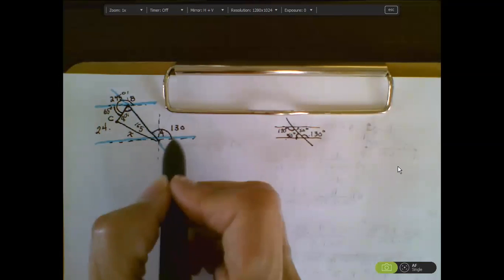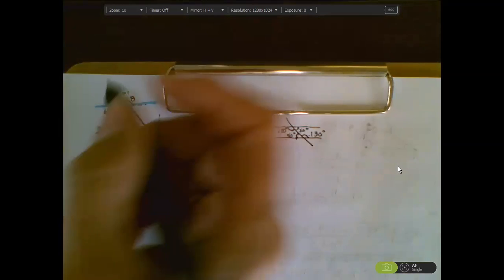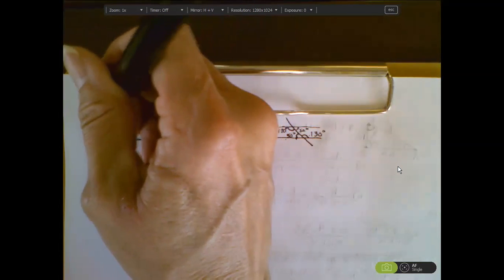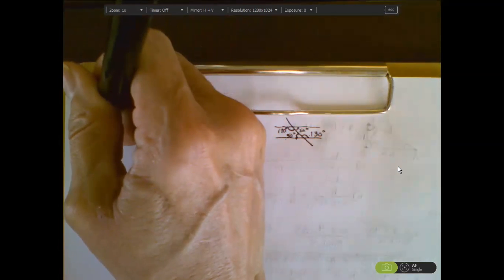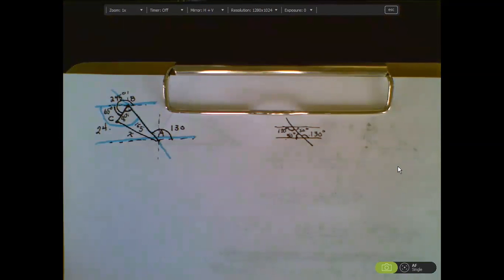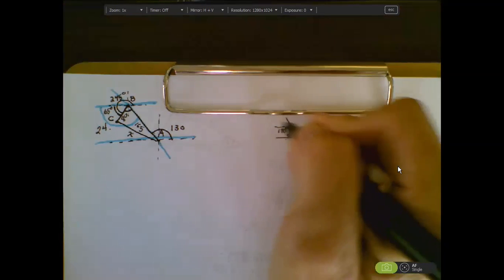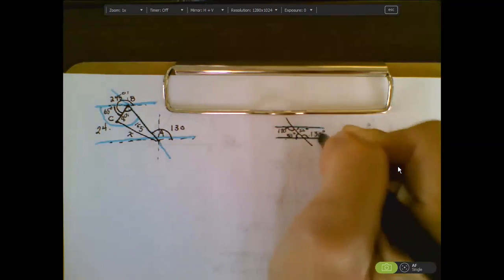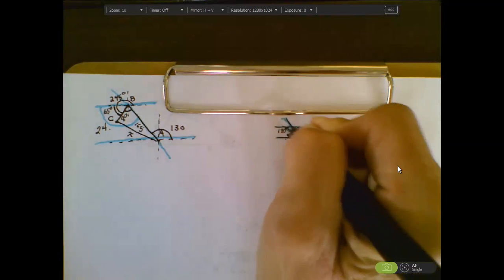If that's 130, then that would have to be 130. What I just drew corresponds to this angle right there.